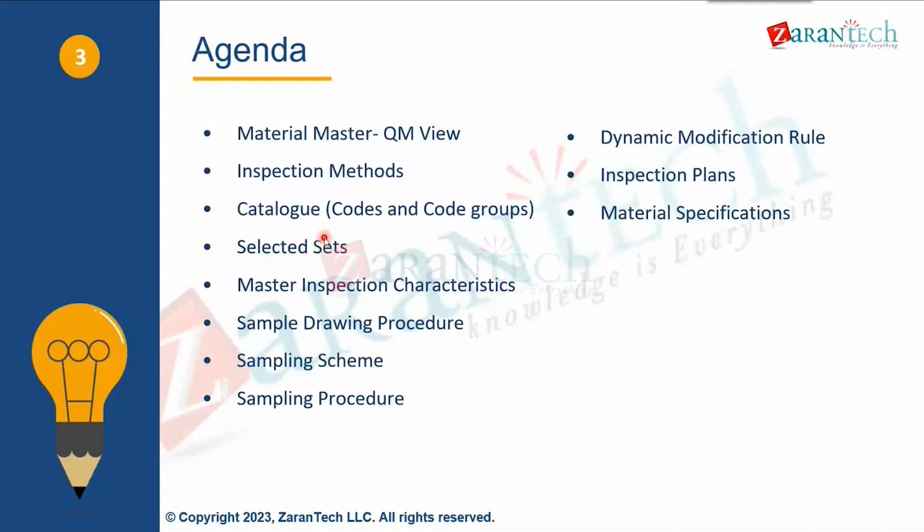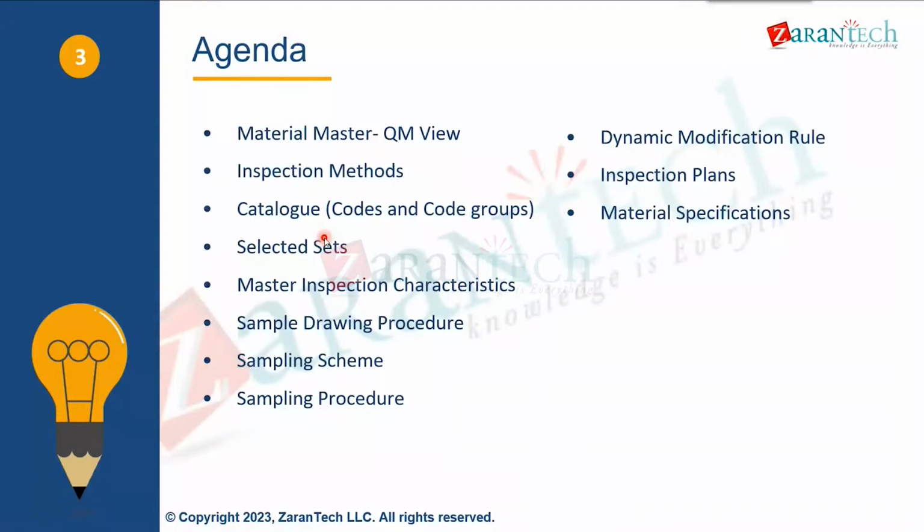Okay, good. But you are partially correct. Let me explain again. If you select complete copy model, then during master inspection characteristic creation itself, whether you are creating a qualitative or quantitative characteristic, you have to enter all supporting control indicators.